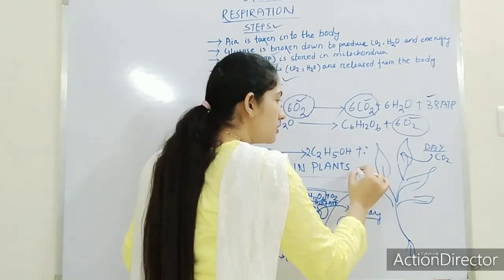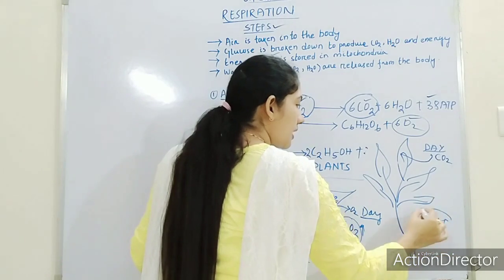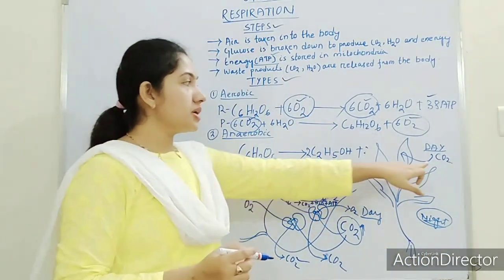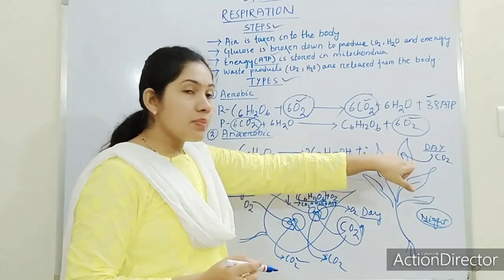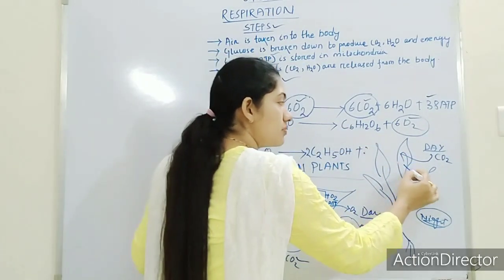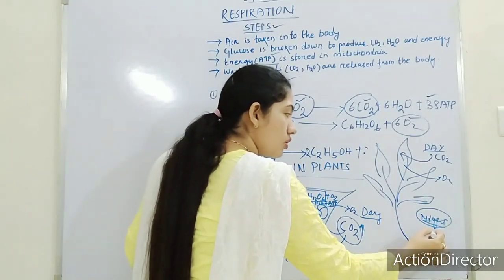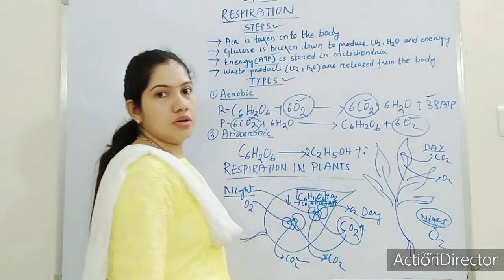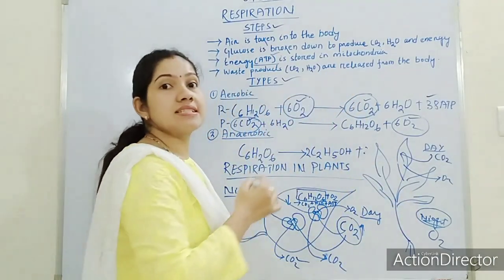But what happens during night? During night, most of the carbon dioxide has been taken in by the plant, and during photosynthesis they release oxygen. So during night the oxygen concentration will be more in the atmosphere and less inside the plant.